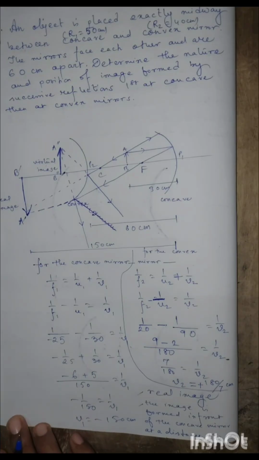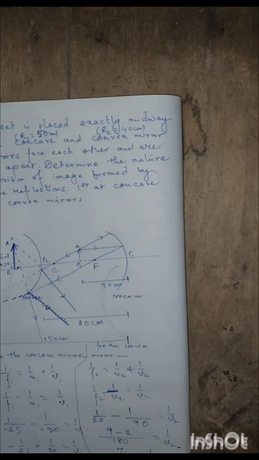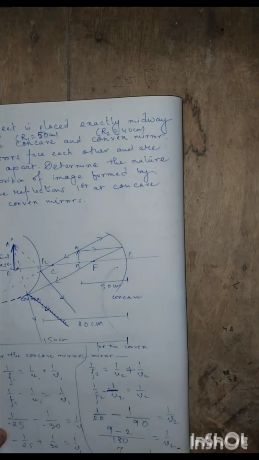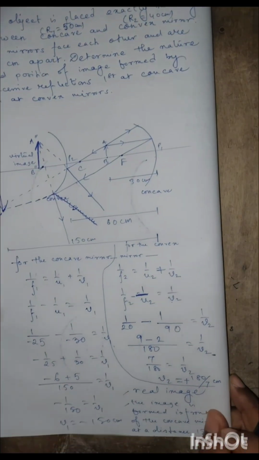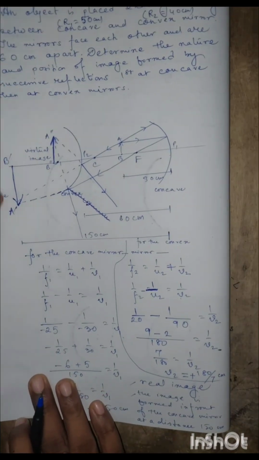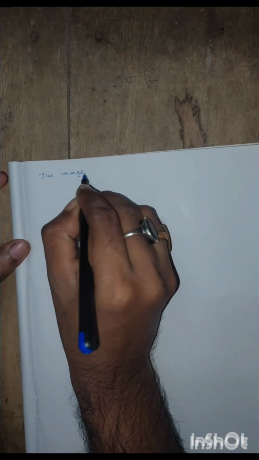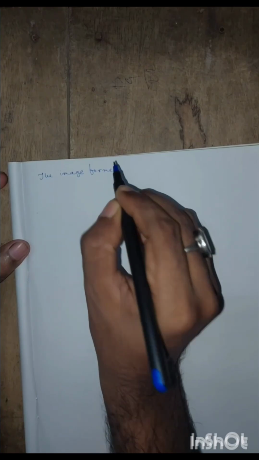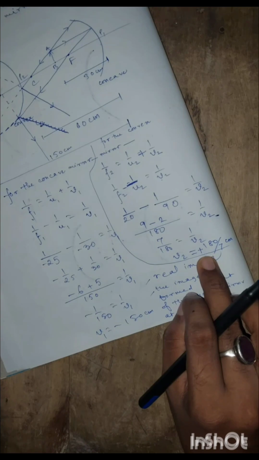That means for the convex mirror, the image formed, because the image distance is positive.